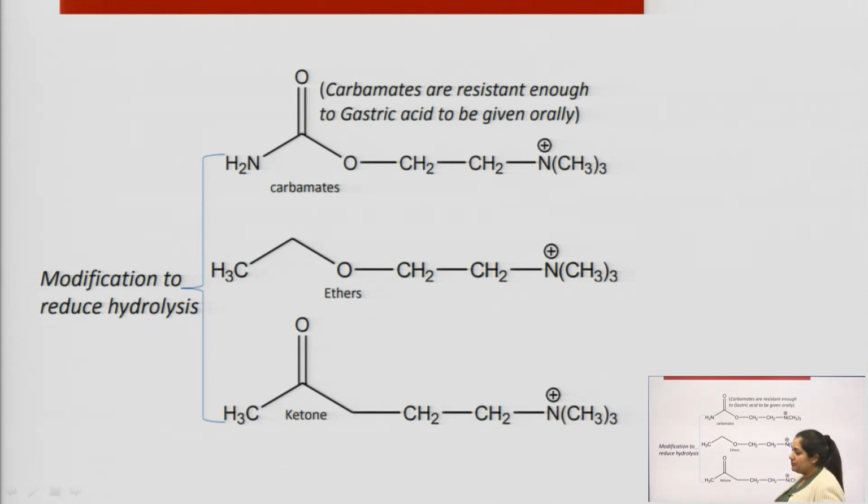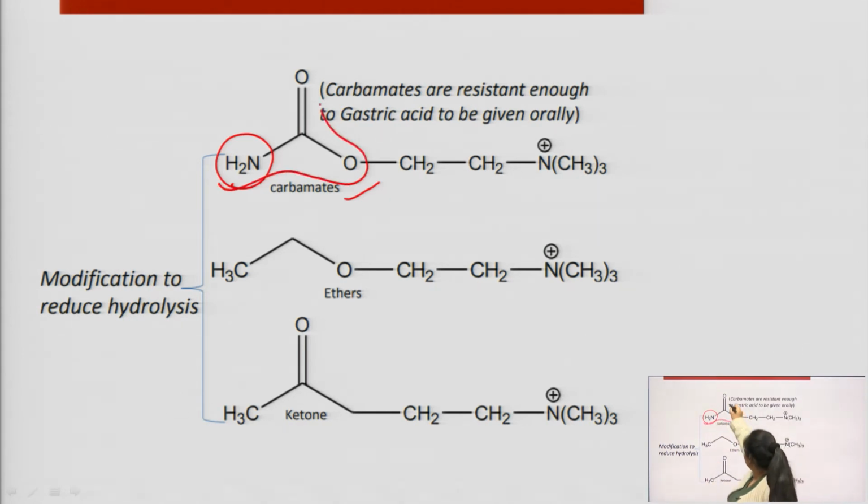Like the examples are, suppose we replace this with a carbamate or with an ether. Here we have made it a carbamate, where the CH3 is being replaced. Now this is a carbamate, the NH2COO group is a carbamate.